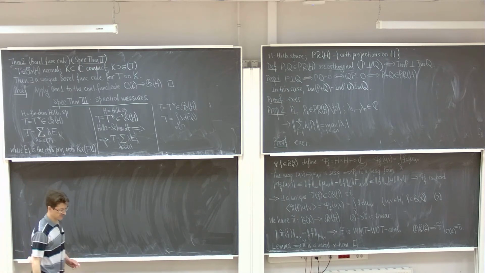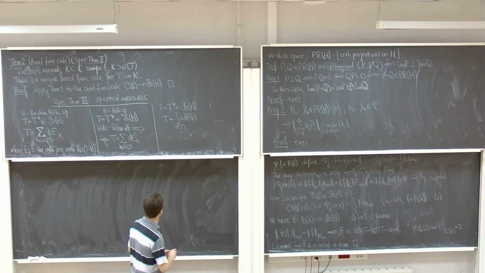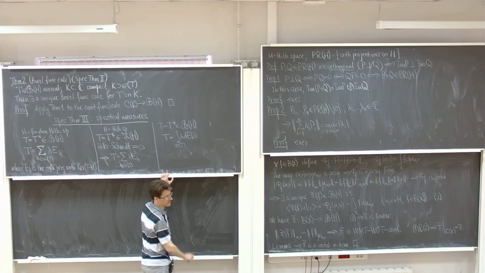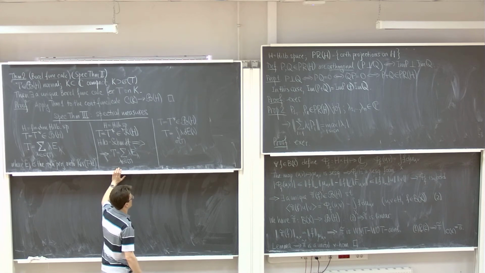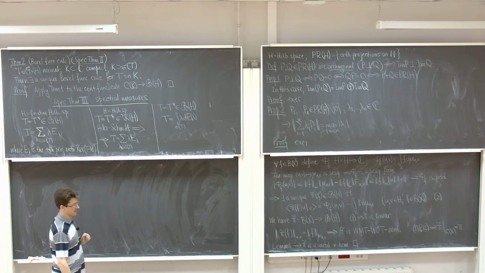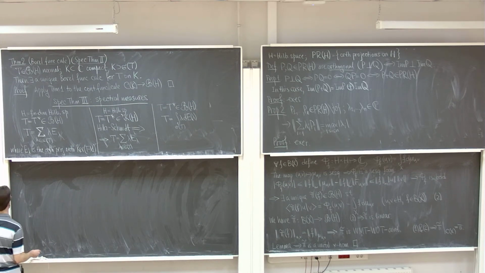Okay, now we can begin explaining the ingredients of this formula. First of all, we define a finitely additive spectral measure.